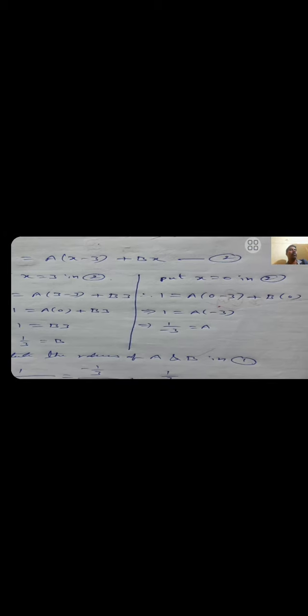Next, to get the a value, from equation 2 we have to put x equals to 0. So put x equals to 0 in equation 2. Then 1 equals to a of 0 minus 3 plus b of 0. b of 0 means it is 0, so we need not write it.